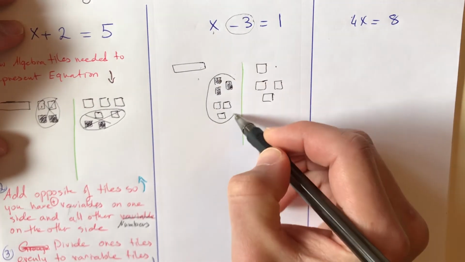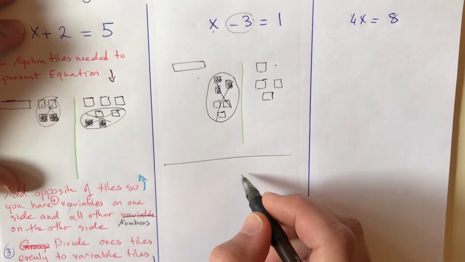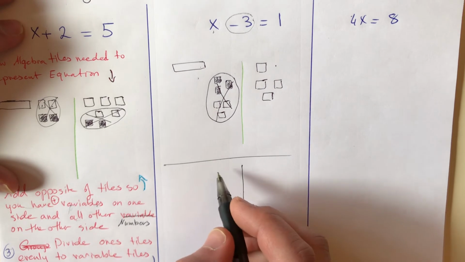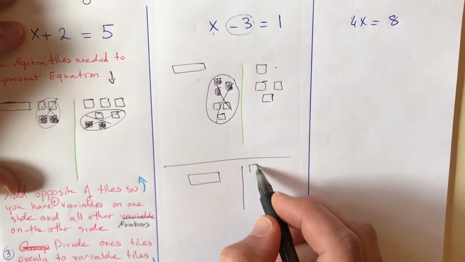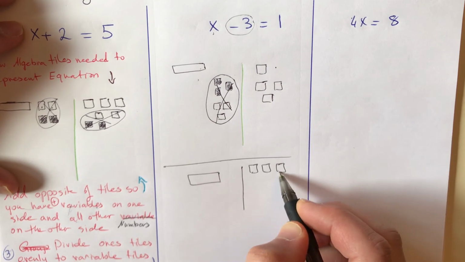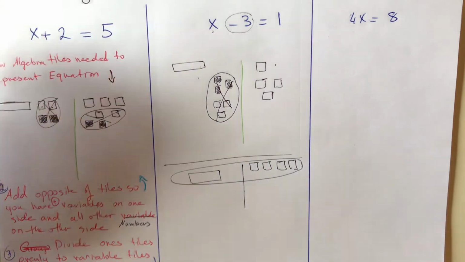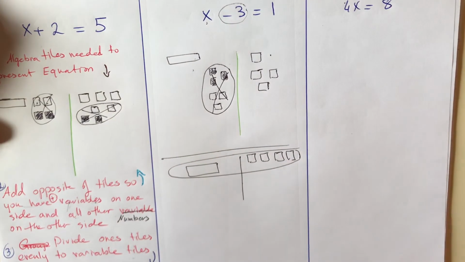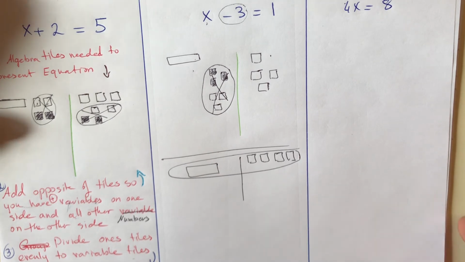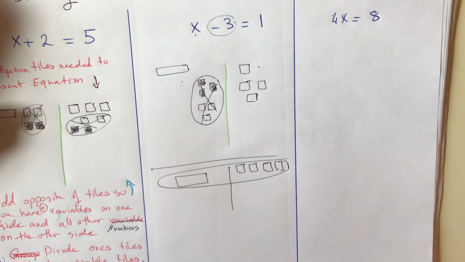So these here cancel out, so the answer at the end will be, we have 1x on the left side, on the right side we have 4 positive ones. You circle them together, and that is your answer, x equals 4. Not surprising, 4 minus 3 is 1.